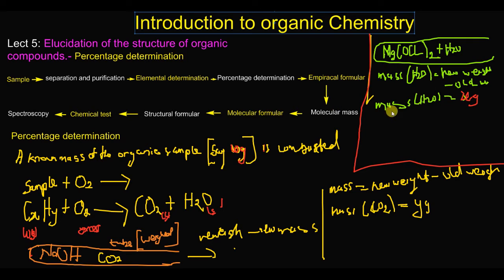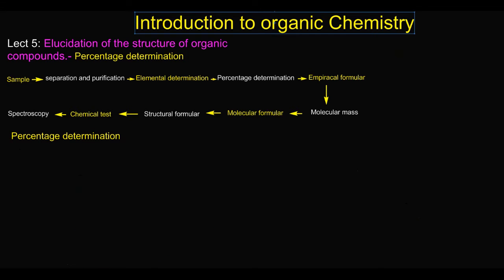And once we also know the mass of hydrogen within the water, we automatically know that that is the mass within the sample, because all the sample has been burned, that is, there's a complete combustion. All the sample has been converted to carbon dioxide and water, and so therefore that is what we are going to do. Good. So let's begin the mathematics.